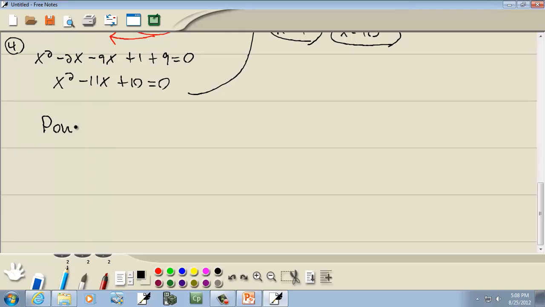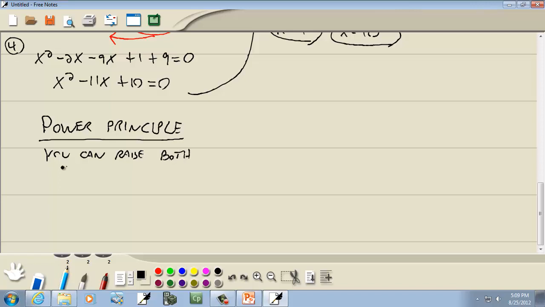Now we have, and these problems actually used it, a general form that's not so specific. It just says for a power principle, you can raise both sides of an equation to a power.